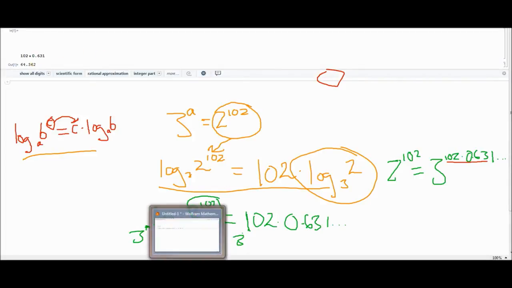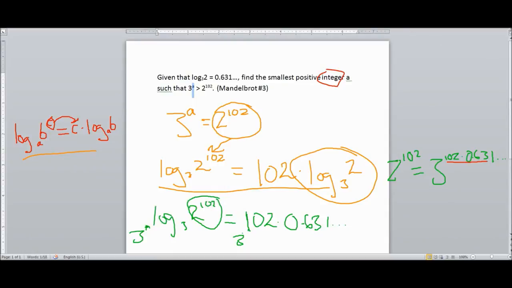So let's look back at the problem. 64.362 based on the information we have should be the smallest positive number that satisfies this equation, right? But it's not equal to. So we have to round up, because we need an integer and we need it to be greater than, not equal to. So we round up to 65, and sure enough, that is our answer.